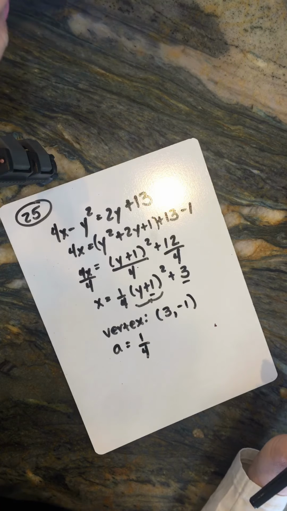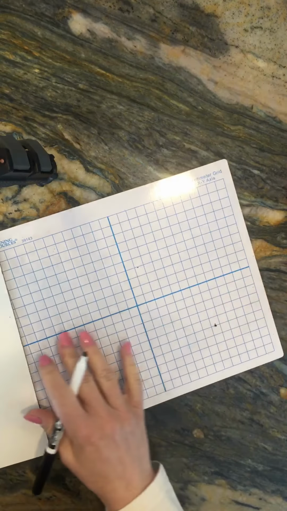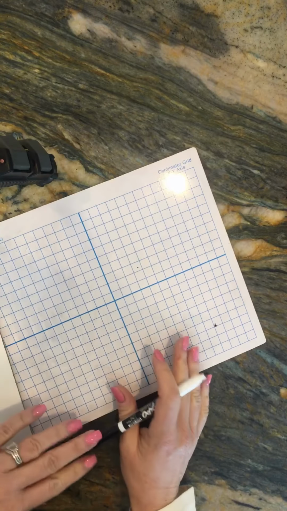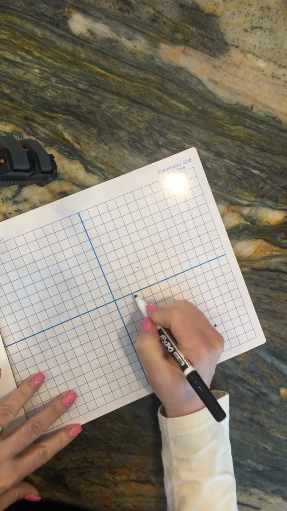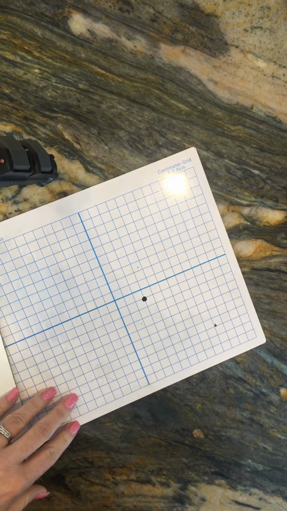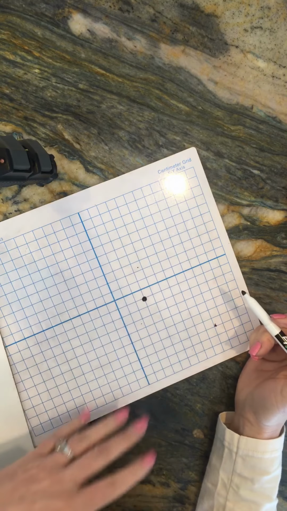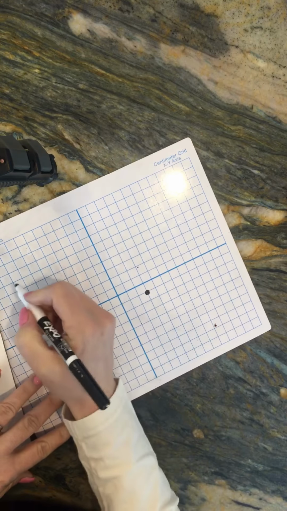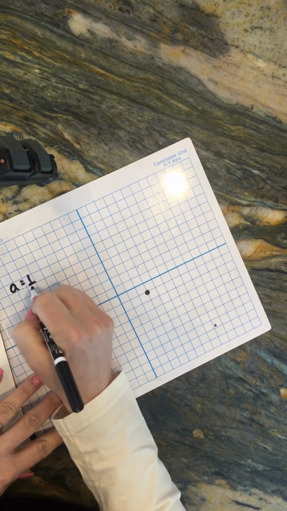So let's go ahead and graph that guy. Bring this back. We've got our vertex at over 3, 1, 2, 3, down 1. And we know that we're opening to the right. A equals 1/4.